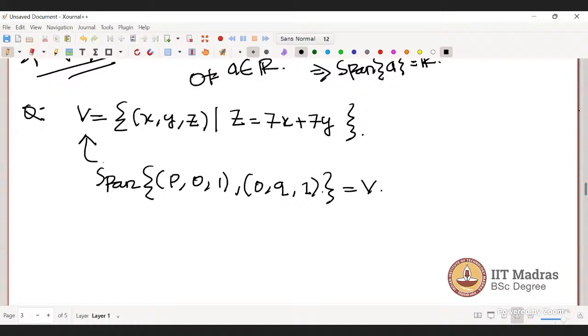So I want to find out the values of P and Q. Now, if I pick an arbitrary element of my vector subspace. Sir, here the span of the two-element set (P,0,1) and (0,Q,1) equals V. It is given. Sir, that means it is a basis.